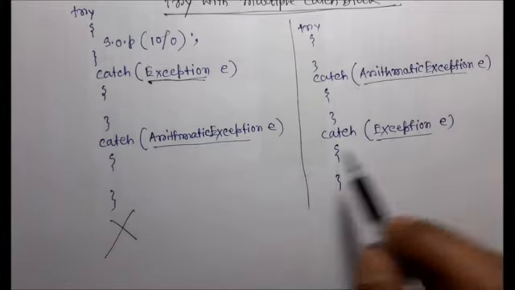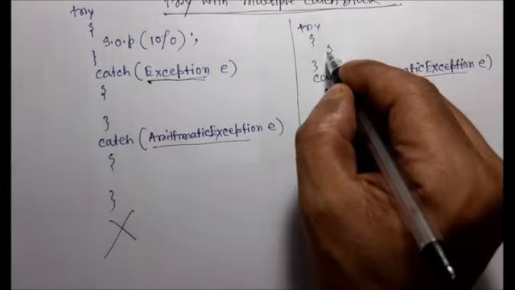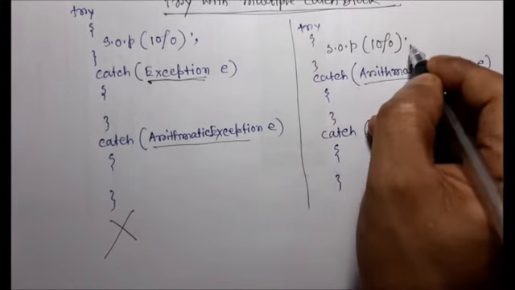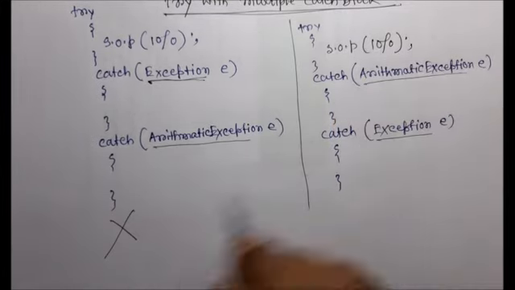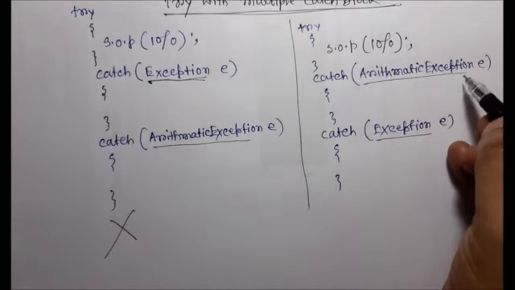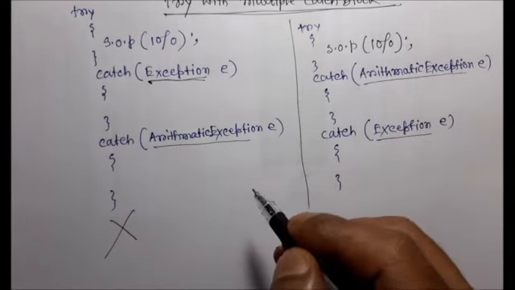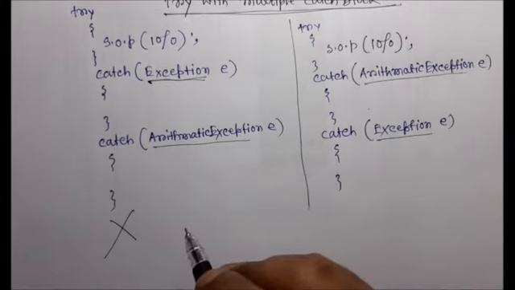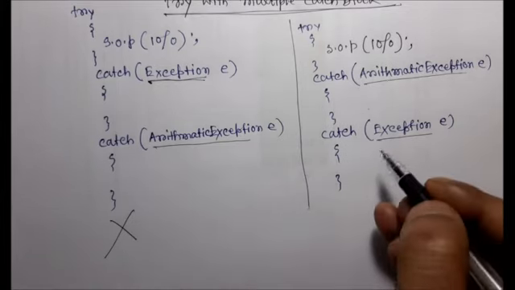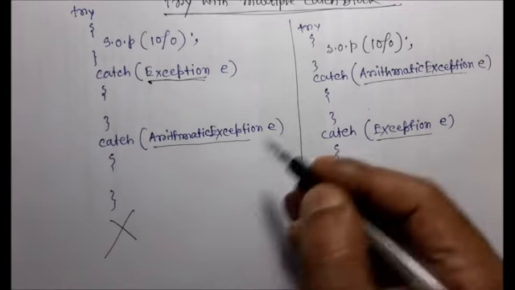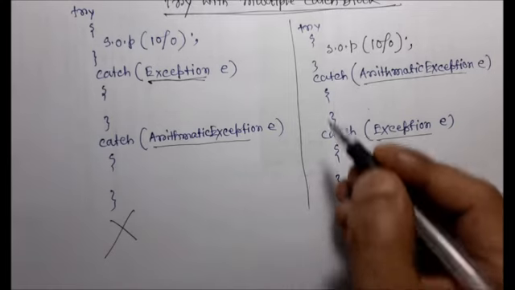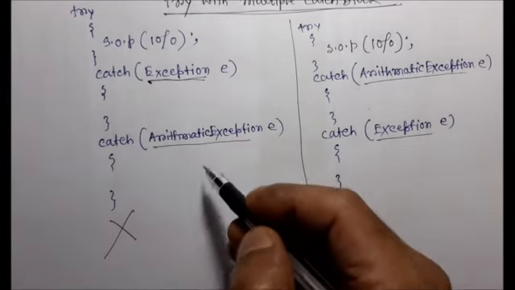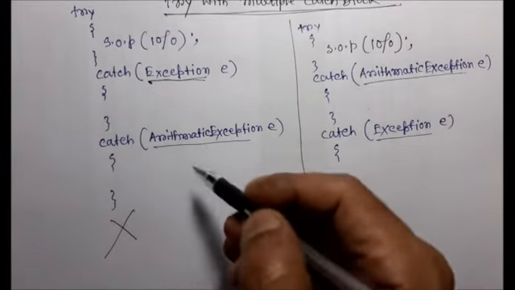But here we can write, suppose this is the same example, System.out.println of 10 by 0. An ArithmeticException is going to arise, and first it will be handled by this catch block, and if that is okay, then the next block is also okay. So we cannot interchange them. Always give the multiple catch blocks in such a way that first the child class, then the super class, not the super class first and then the child class.